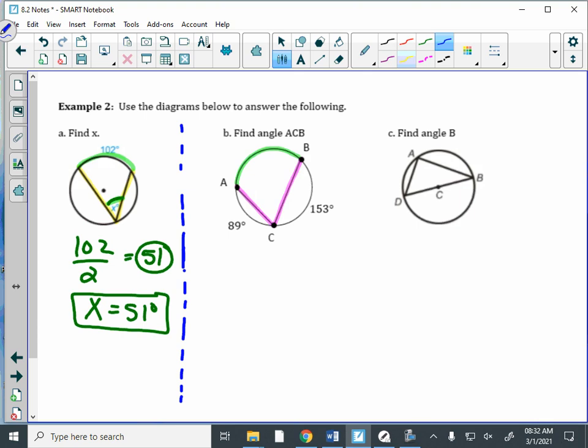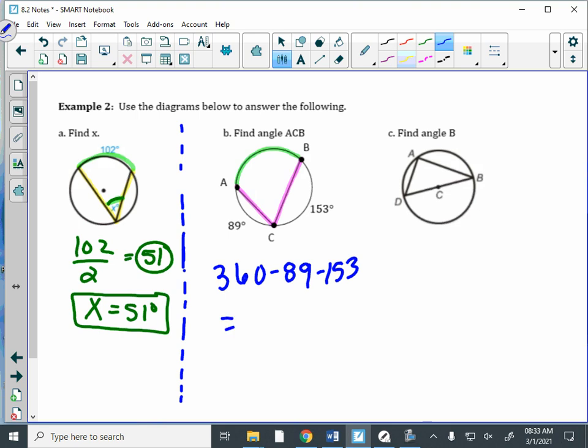So what can we do with 89 and 153 to find that green arc? You're on the right track. We can subtract them from 360. An entire circle is 360.